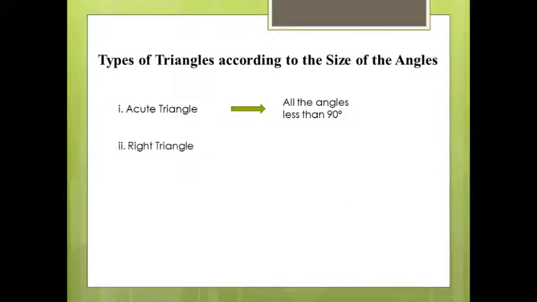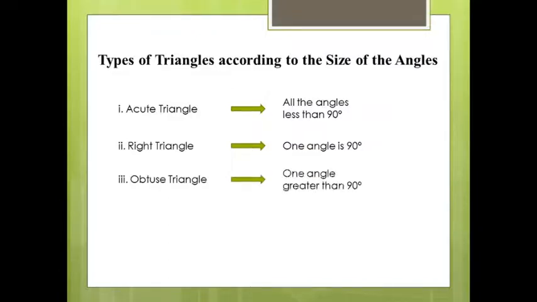In this triangle, one of the angles is 90 degrees. And the third type of triangle according to the angles is obtuse triangle, and this type of triangle has one angle greater than 90 degrees and the other two angles will be less than 90 degrees, obviously.